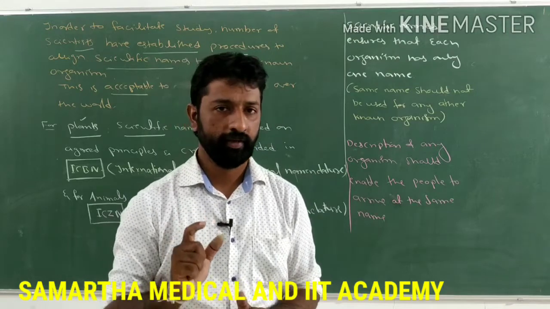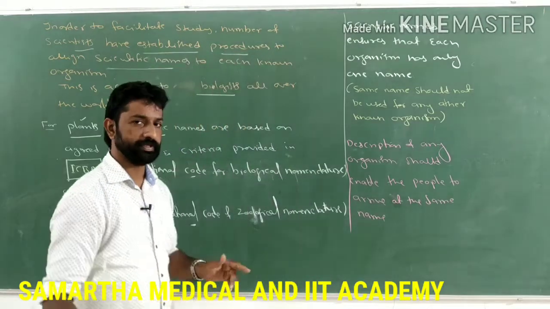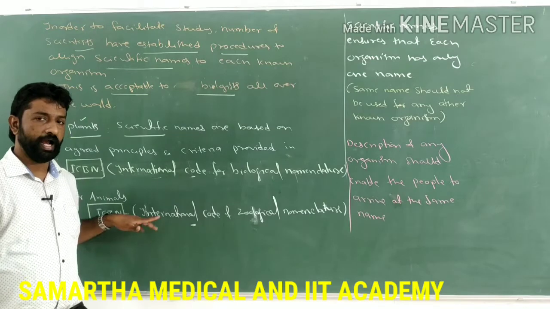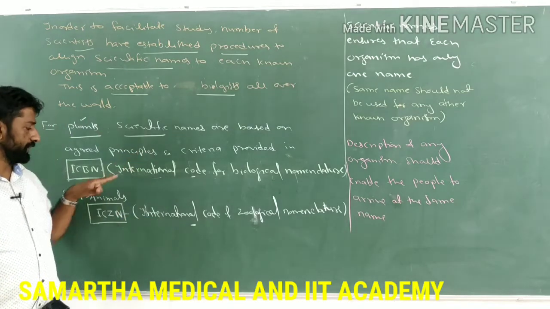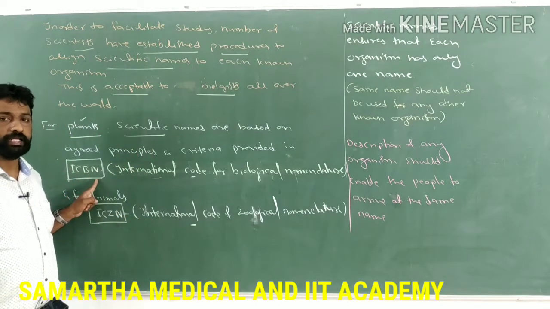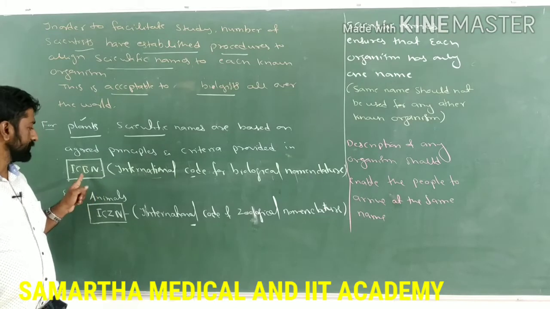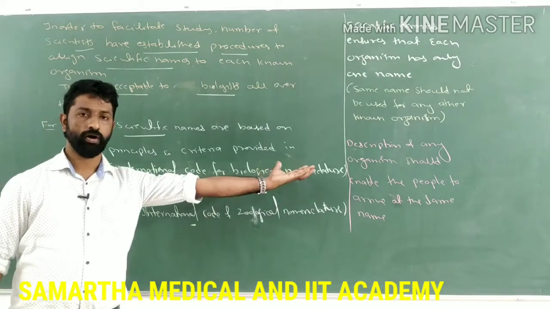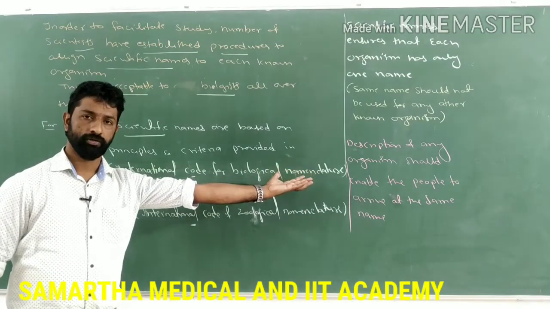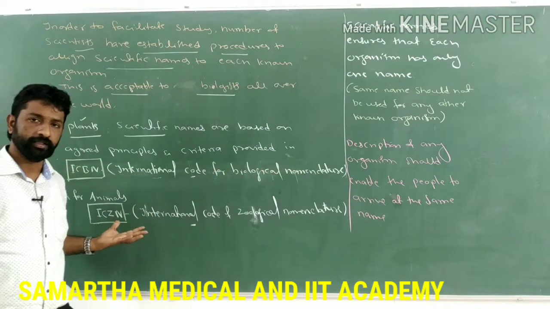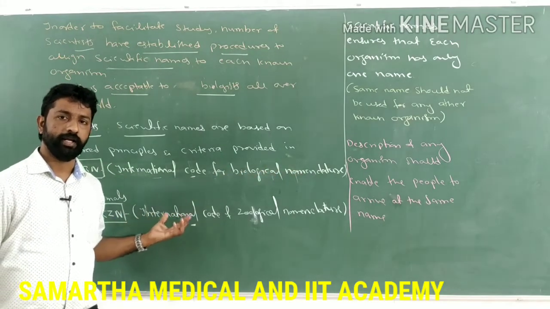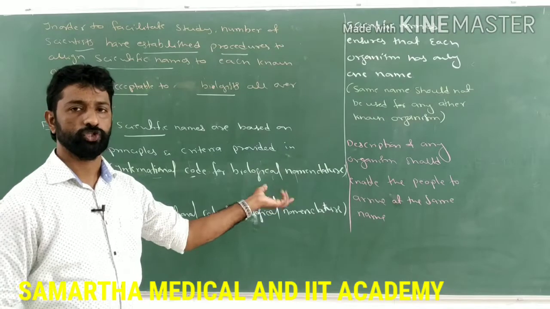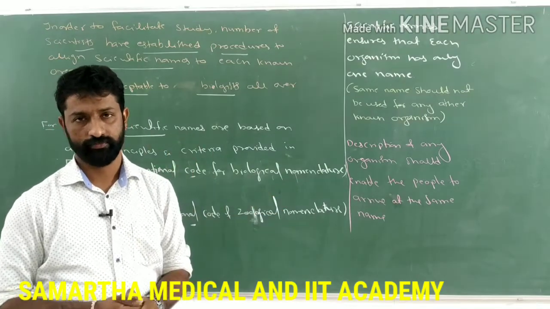So scientific names of animals are based on the principles of ICZN and scientific names of the plants are based on principles of ICBN. ICBN stands for International Code for Biological Nomenclature. ICZN stands for International Code of Zoological Nomenclature.